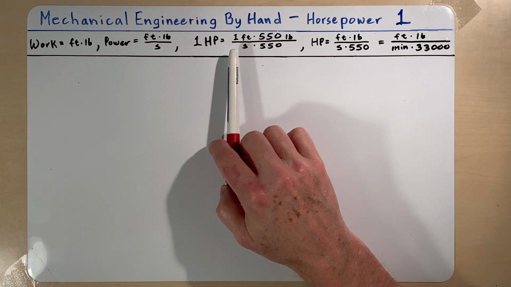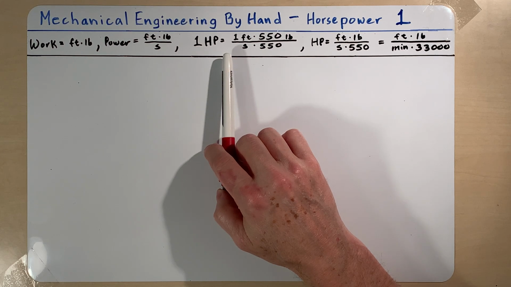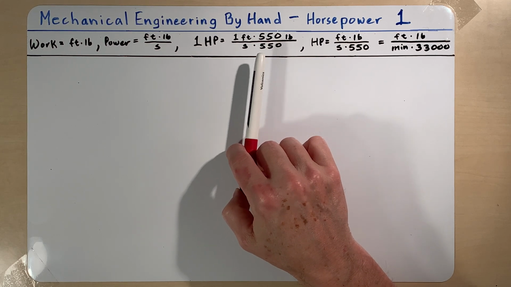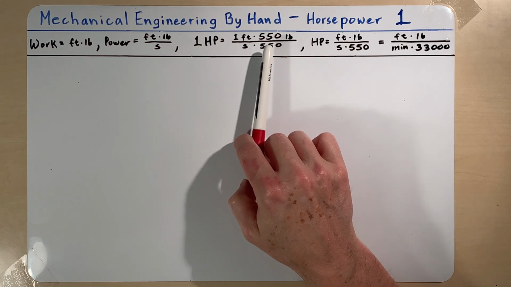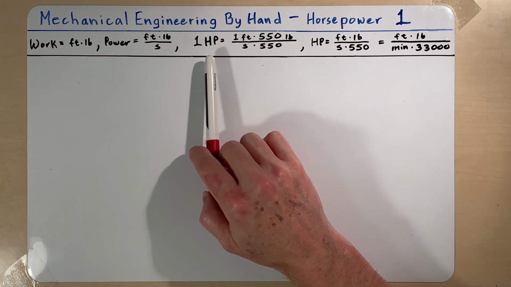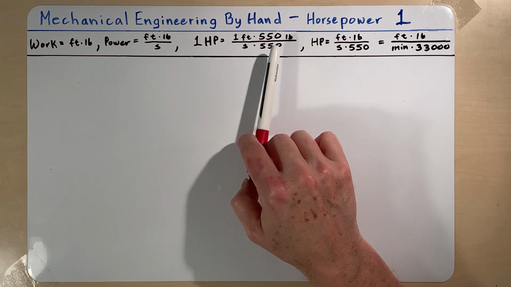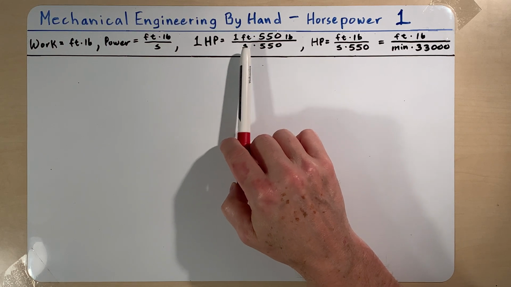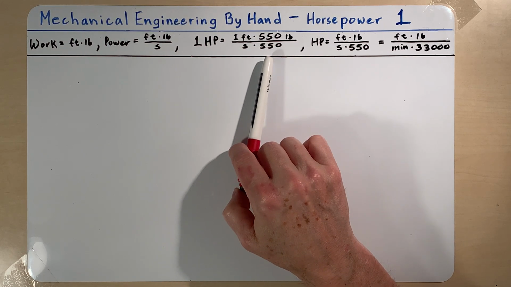And they actually measured how much power horses could provide, and they settled on 550 foot-pounds per second. So 1 horsepower would be 550 foot-pounds per second divided by 550.